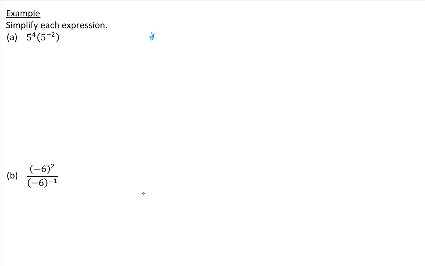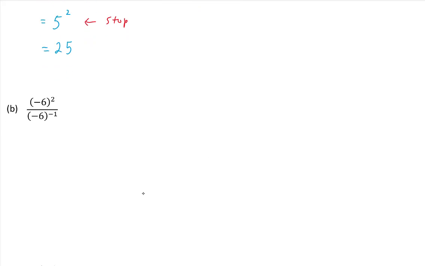So this one we're going to use our multiplication rule, which means I'm going to get 5 to the exponent 4 plus negative 2. 4 plus negative 2 is equal to 2, so that's 5 squared. And then we can evaluate and we get 25. So the question says simplify, we stop here. If it says evaluate, you continue on.